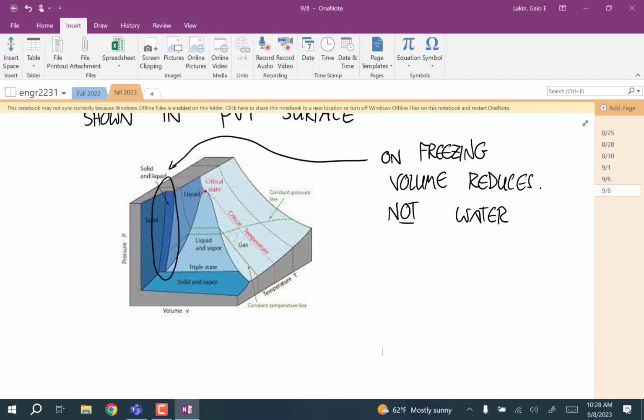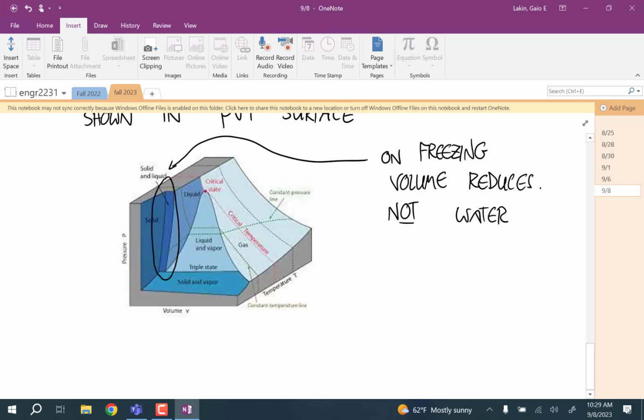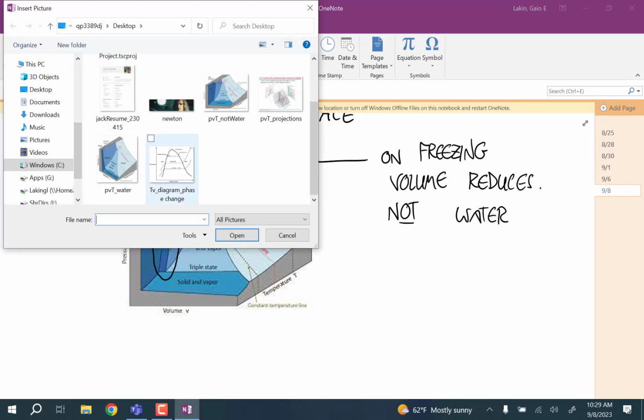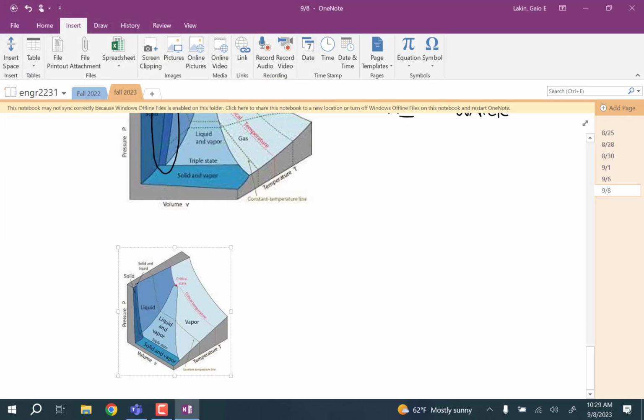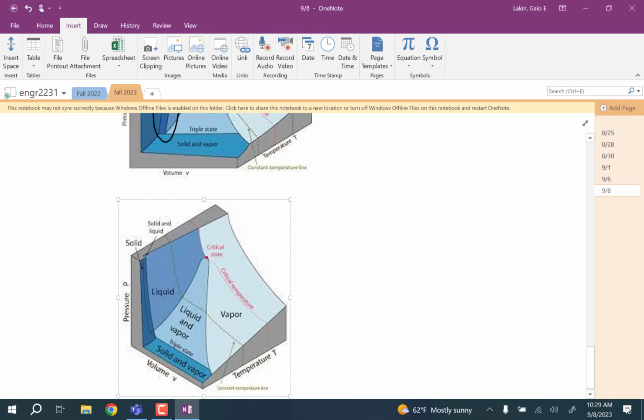For water, you get something like this, and you can see that it goes the opposite way at that freezing point. The volume increases suddenly. And so that is the PVT surface for water.